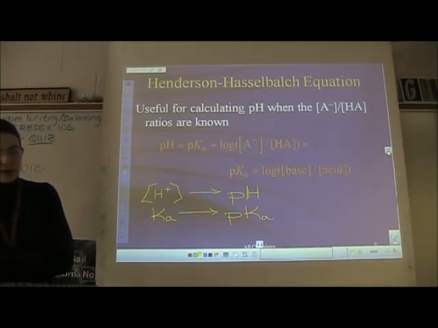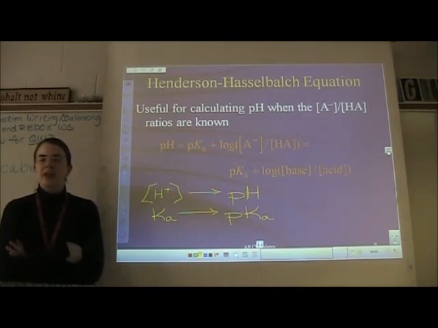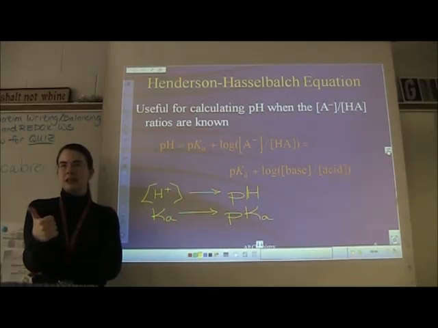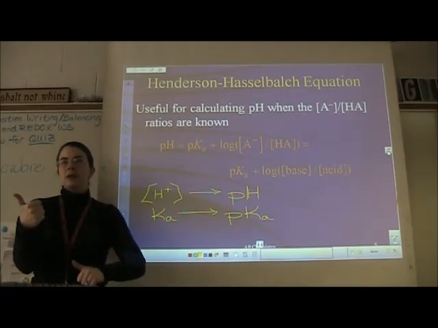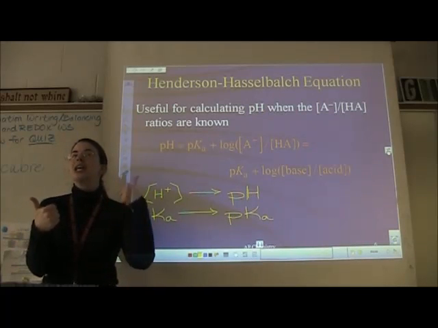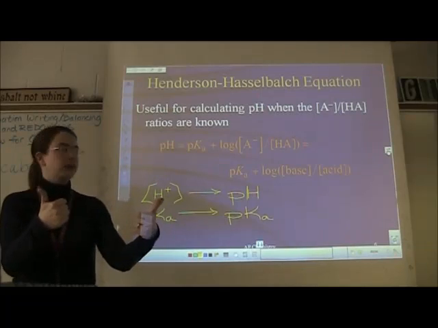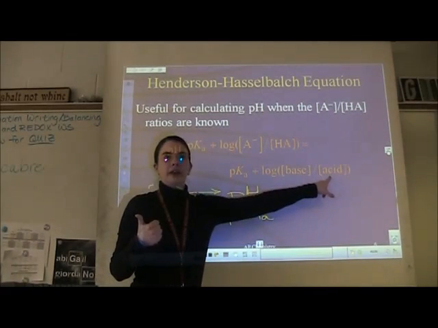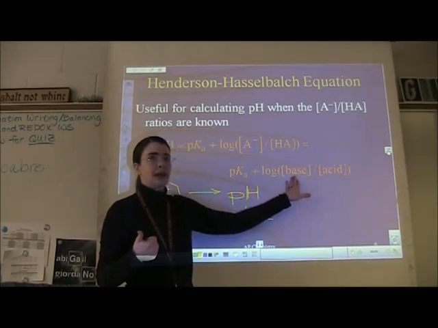Let's say I have an acidic buffer system, which means I have a weak acid, and what else must be present? A salt containing its conjugate base. Weak acid, conjugate base.